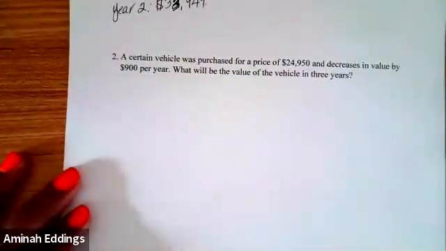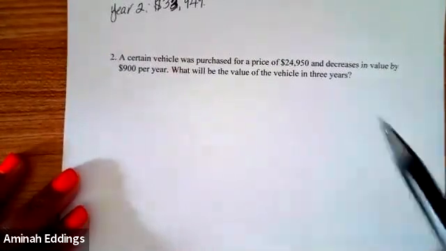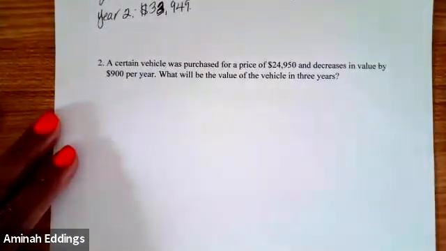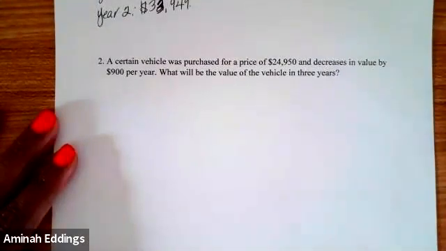All right, number 2. A certain vehicle was purchased for the price of $24,950 and decreases in value by $900 a year. It says, what will be the value of the vehicle in 3 years? Okay. So first of all, we want to determine if this is exponential or linear. So we need to think about how it's increasing or decreasing.